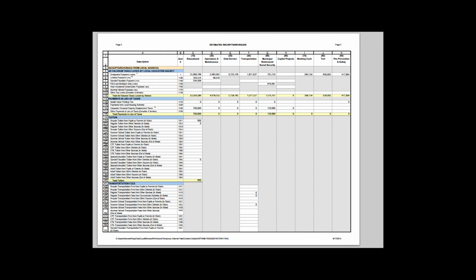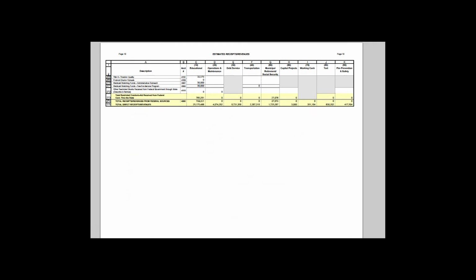If you want to look at that while you're at home, you're welcome to do that. This is how it goes to the state, and this is how the state sees us as spending our funds. But I wanted to go through that with you so you would know what you were looking at when you went out to the web.